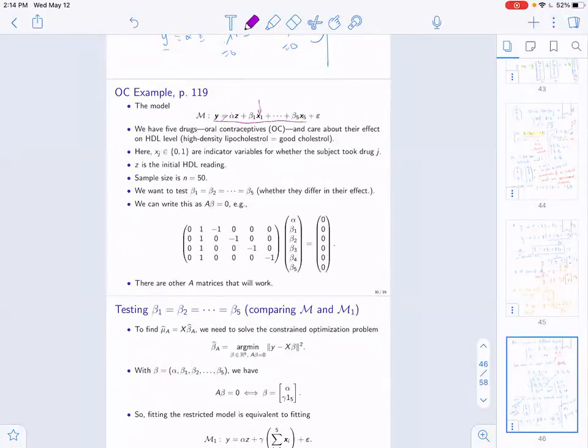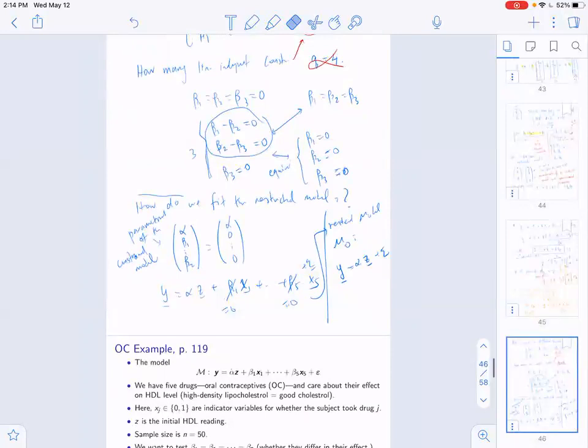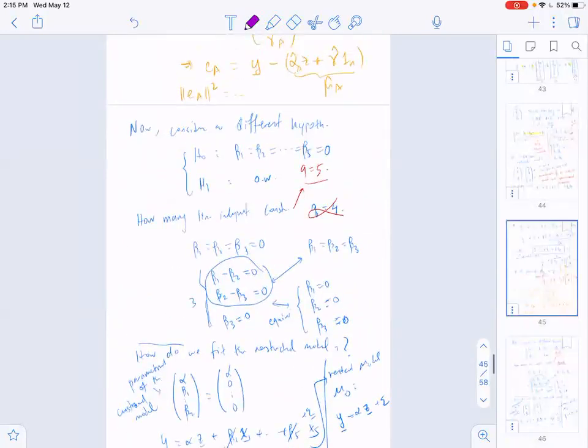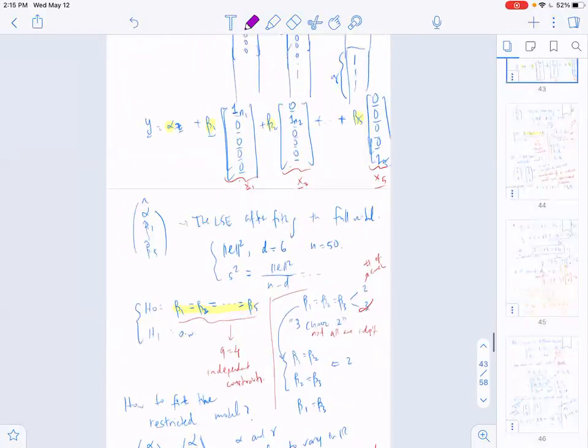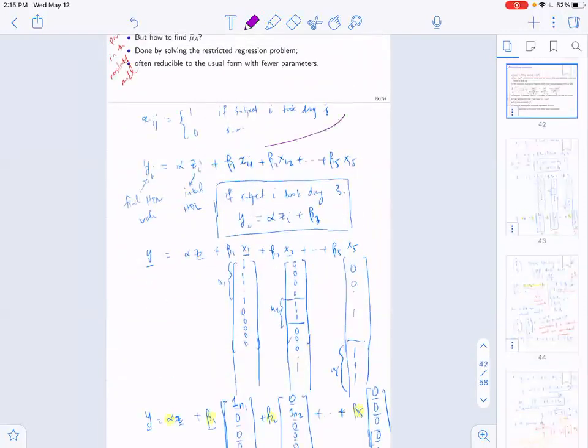So Xij is equal to 1 if subject i took drug j, and otherwise 0.